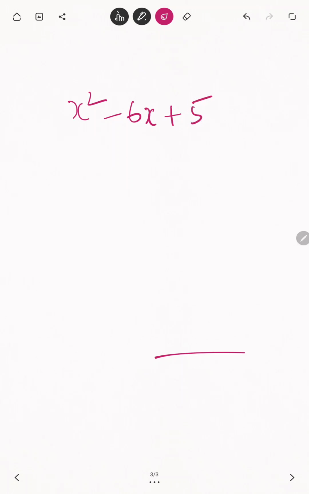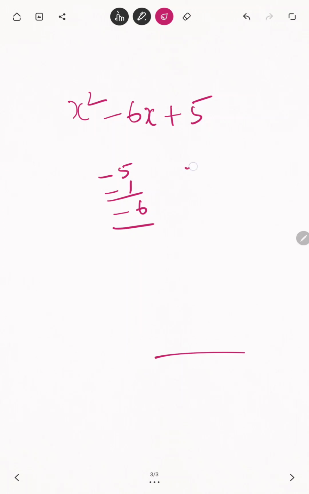Okay. How to find the zeros of this? Here it is an expression, so we have to solve this by factorization. Then, when you factorize, automatically you will get the value of x. How to factorize? In factorizing, there are two conditions. One is: if you split the middle term, the sum should be minus 6. You take minus 5 and minus 1; here I am getting minus 6.